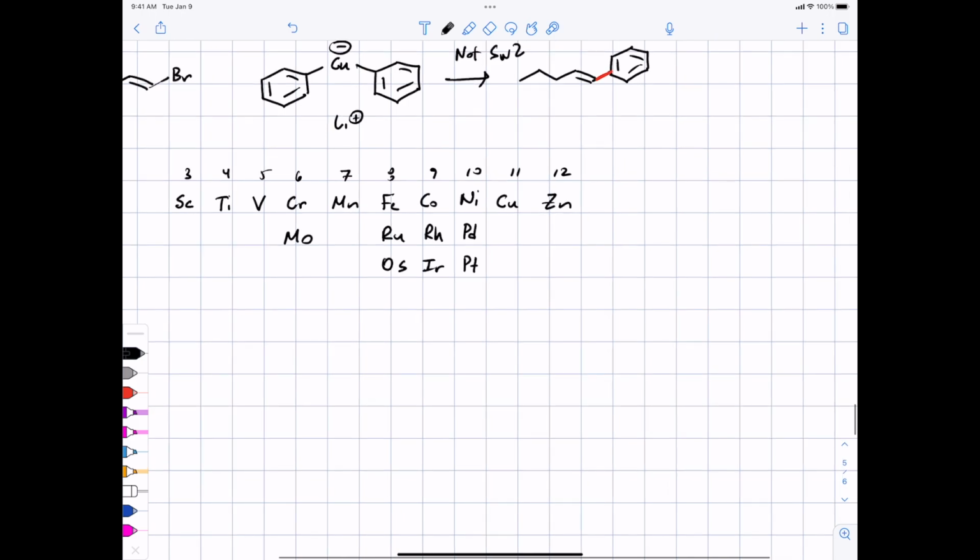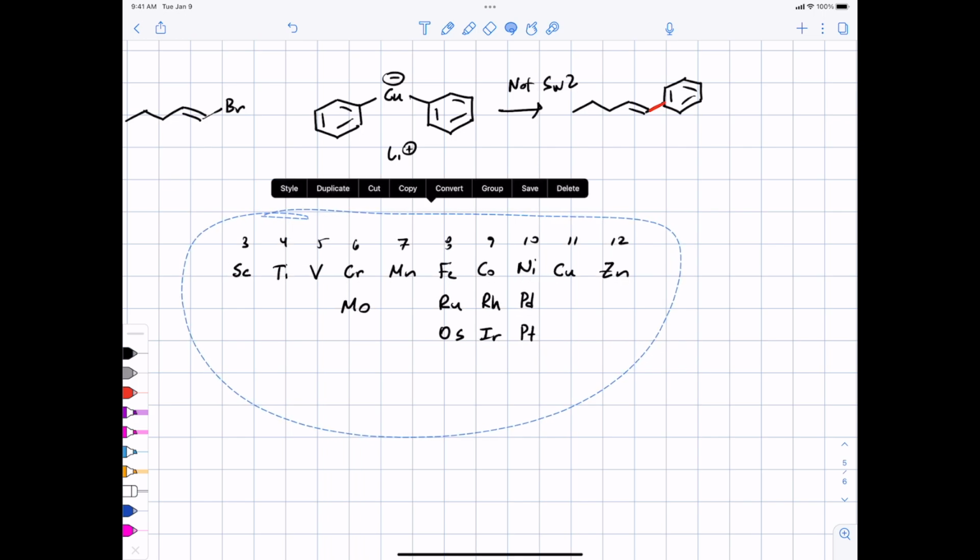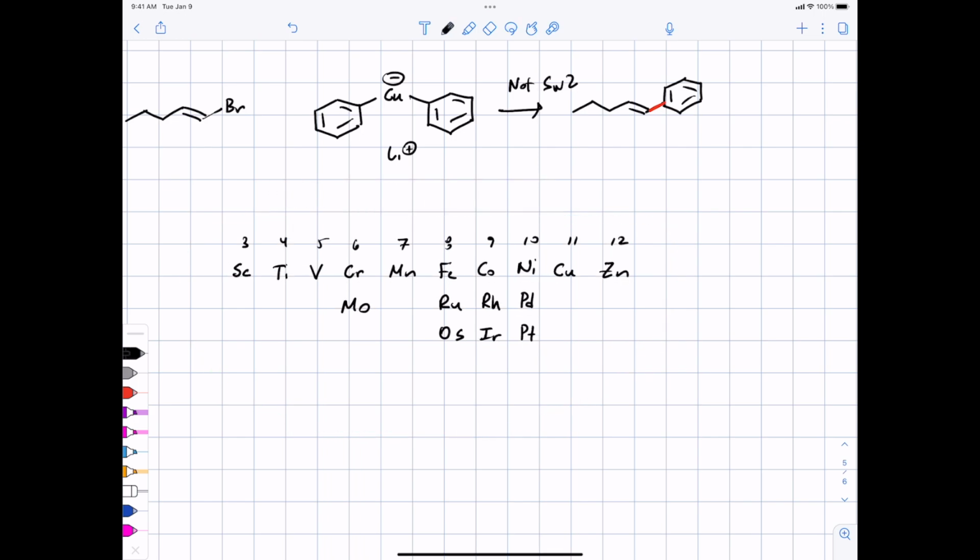So a couple of things that people talk about with transition metal elements. The ones over on the left-hand side are relatively electron poor. These are often called early transition metals.